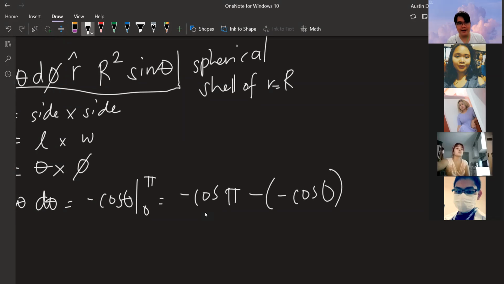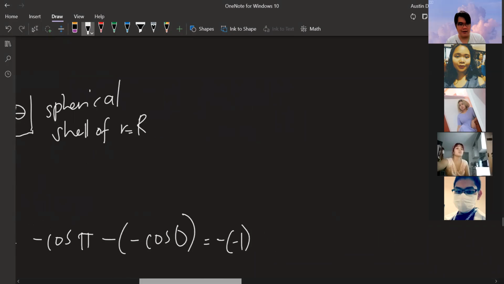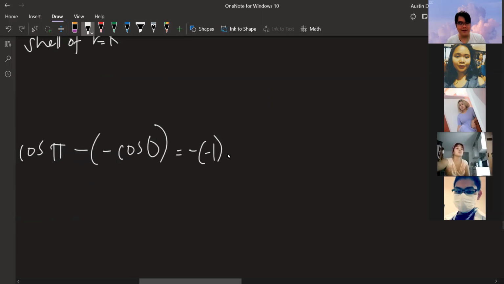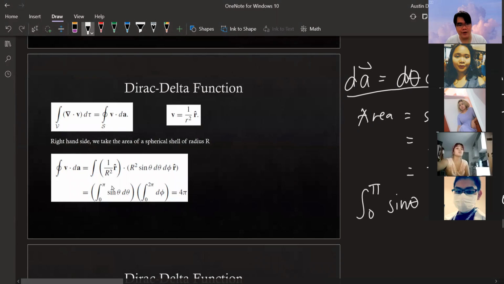Cosine pi is negative 1. So, this is negative of negative 1, positive 1. Plus cosine 0 is 1. 1 plus 1, 2. Okay, 2. So, itong value na to ay 2.